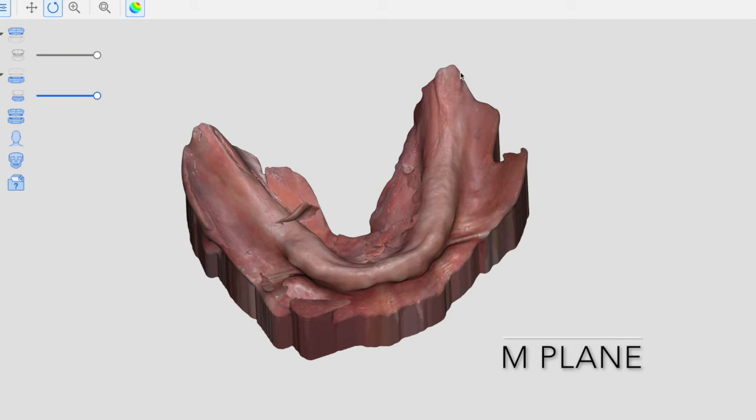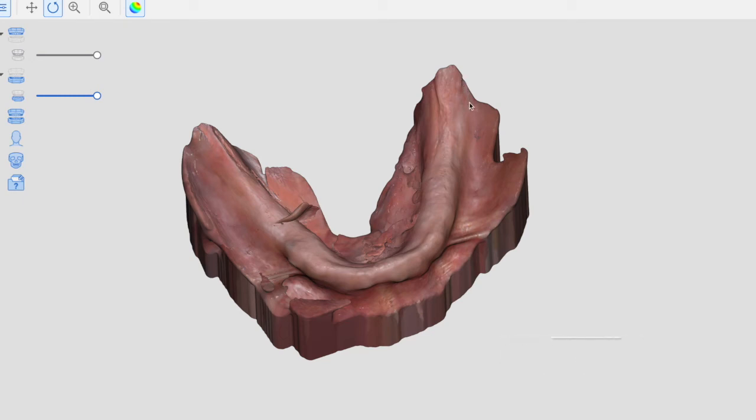So this shape is called the M plane. The reason we call it the M plane is because it's the area next to the masseter muscle. And the shape is extremely important, especially for retention of the mandibular denture.